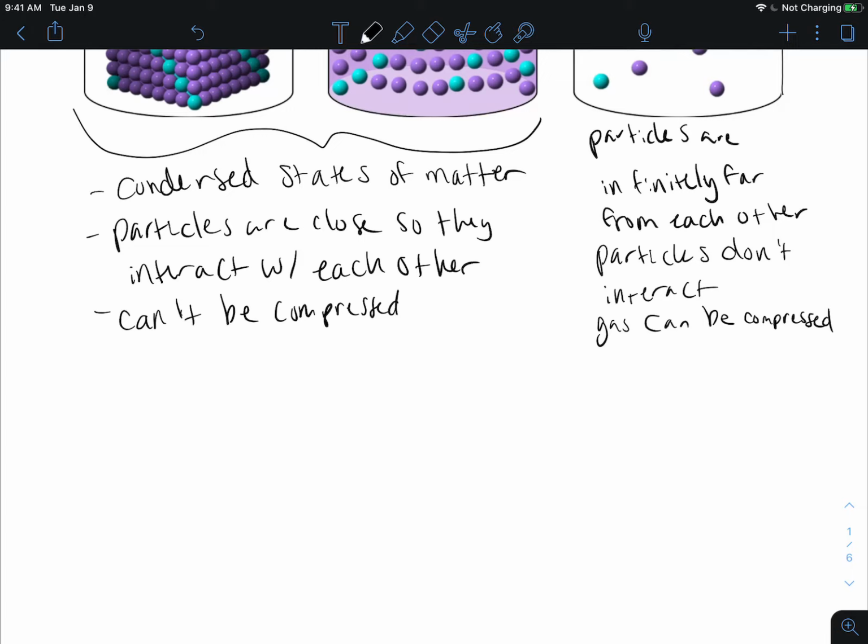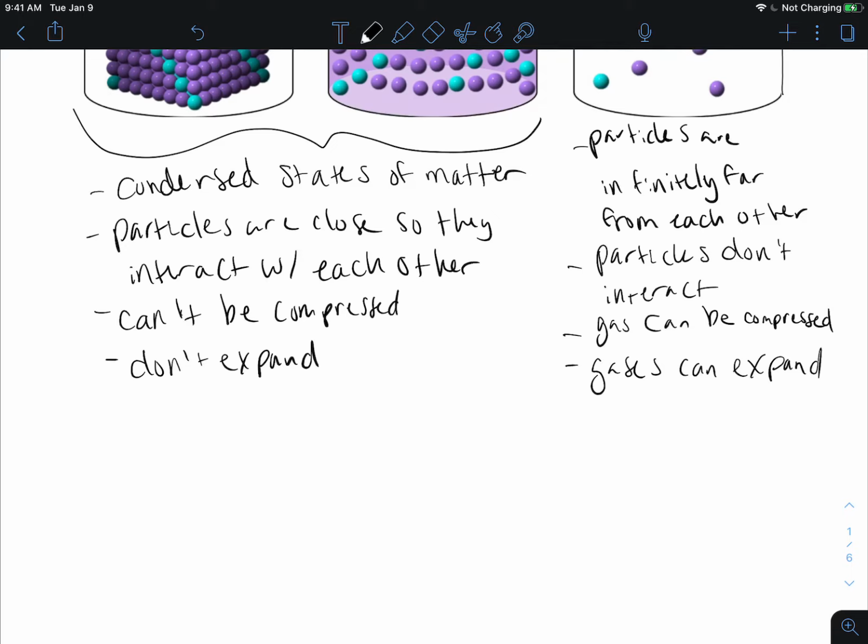So we can't really get our liquid and our solid particles any closer to each other than they already are. And then we also don't really expand in a liquid or a solid. So these don't expand. But our gases can expand.